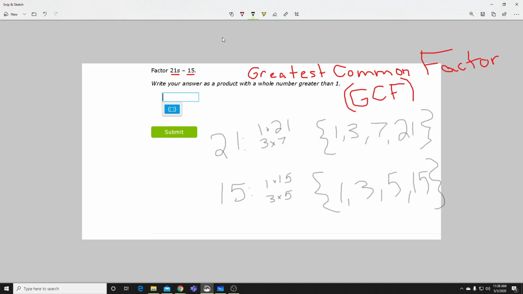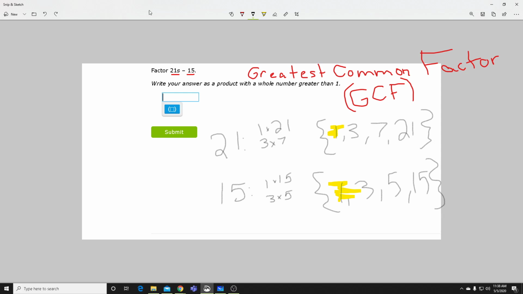Okay, so when you're looking for the GCF, the greatest common factor, you're looking for the biggest factor, biggest number in common between these two sets. So you might first see, oh, there's a 1 in both sets. Well, that's a common factor, but it wouldn't be the greatest common factor.